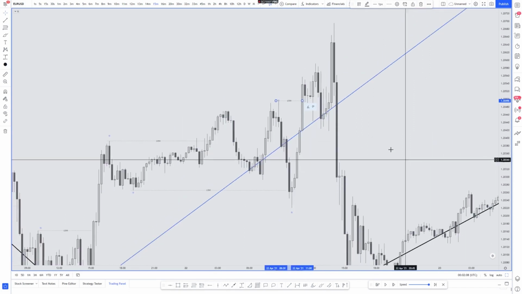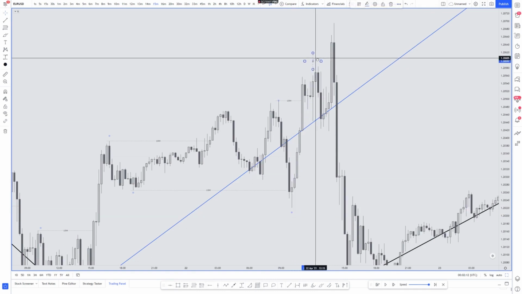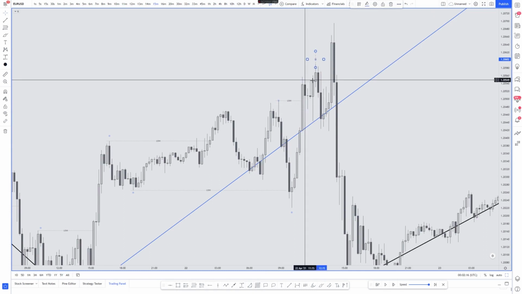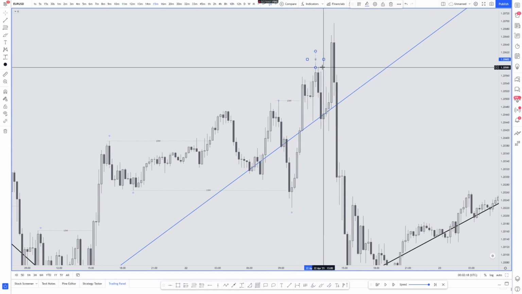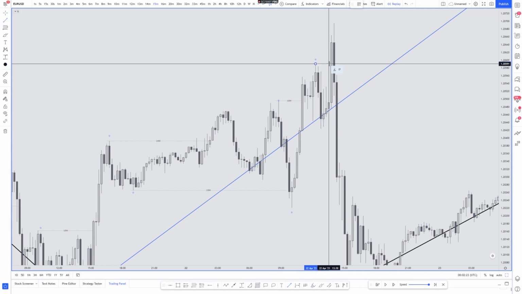And with 15, like I said, it's totally normal to have a messy little bit of structure. Now this first little area here is probably not enough of a pullback to be classified as structure. So we'll just go ahead and map this section as structure.